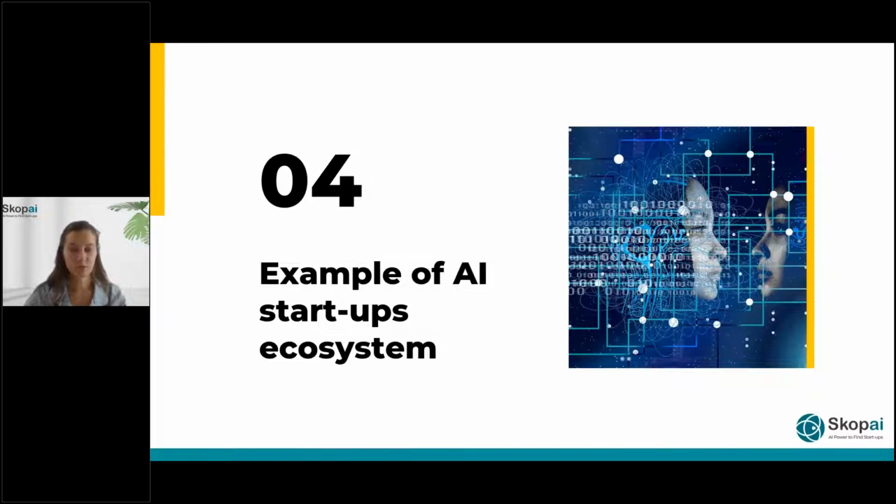Now we can move to an example of an artificial intelligence startup ecosystem, a study that has been conducted using the ecosystem mapping tools, namely the data and visualization tool Scopy and the visualization tool Canva.